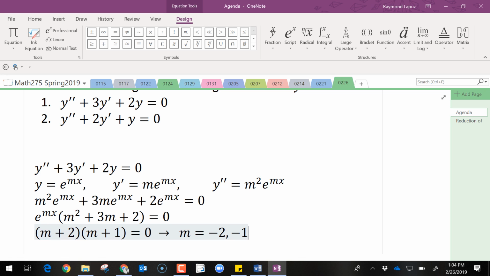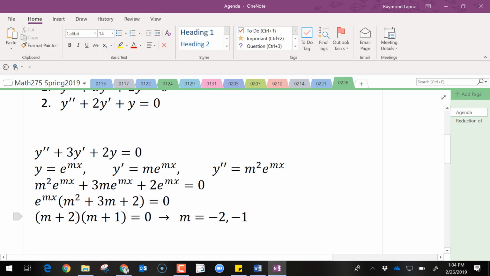Now, if I was asking for a solution to the differential equation, would this be your final answer? You solve for x. So yeah, we plug in the m's. So remember that our solution is supposed to be this. So we have solutions.